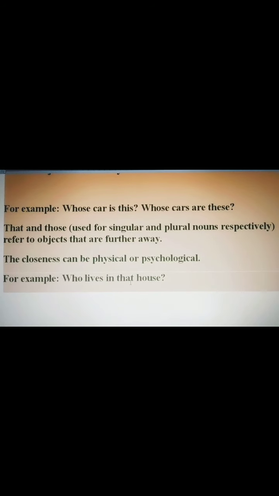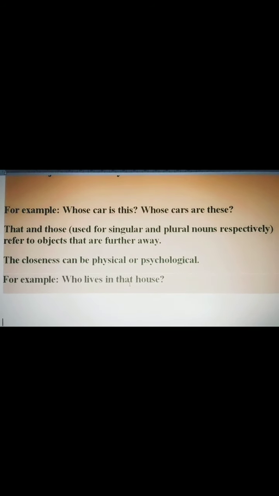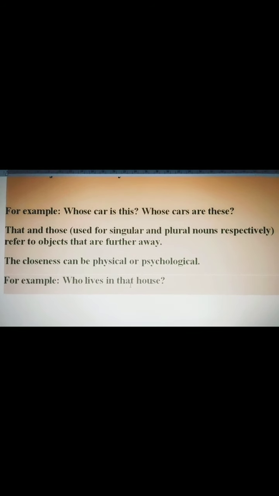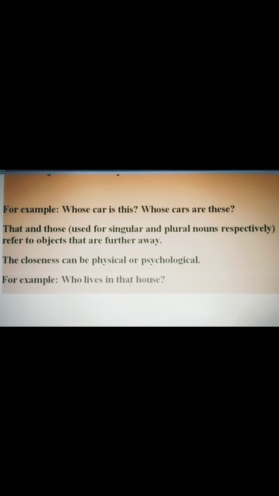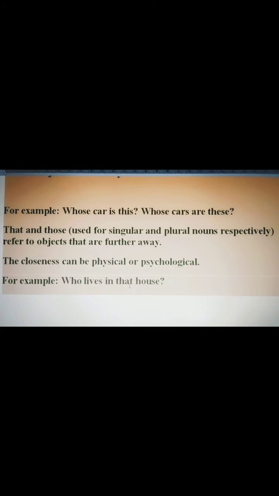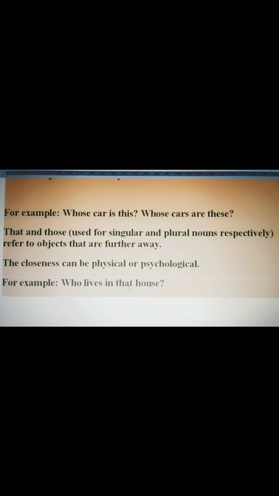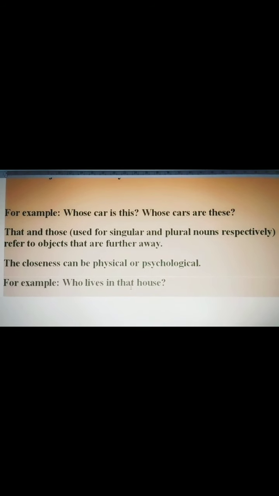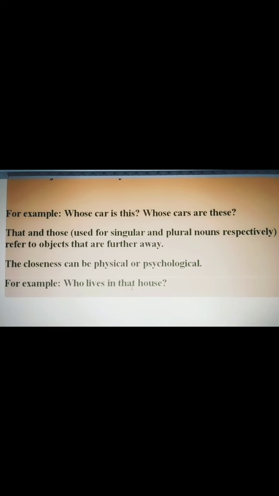Here also the same is there. That will be used for the singular one and those will be used for the plural one respectively. Clear? And that and those will be used when you are referring to objects that are far away from you, that are further away. So in that case you will use that or those.